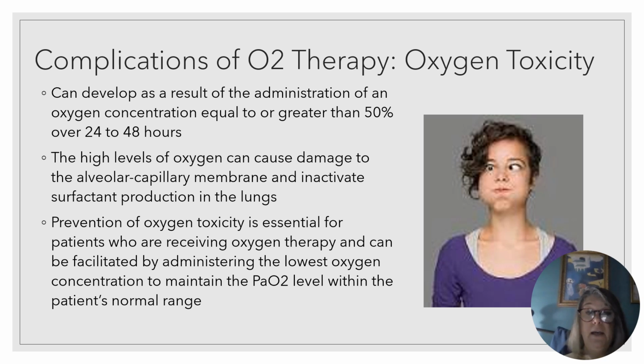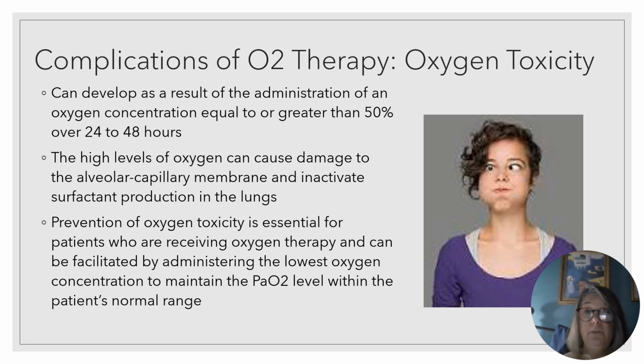So what this is saying, like we talk about with everything, is we want to use the least of whatever, right? Least of meds to get our therapeutic response. Least of O2 to get our therapeutic response. You can overflood the body with O2.